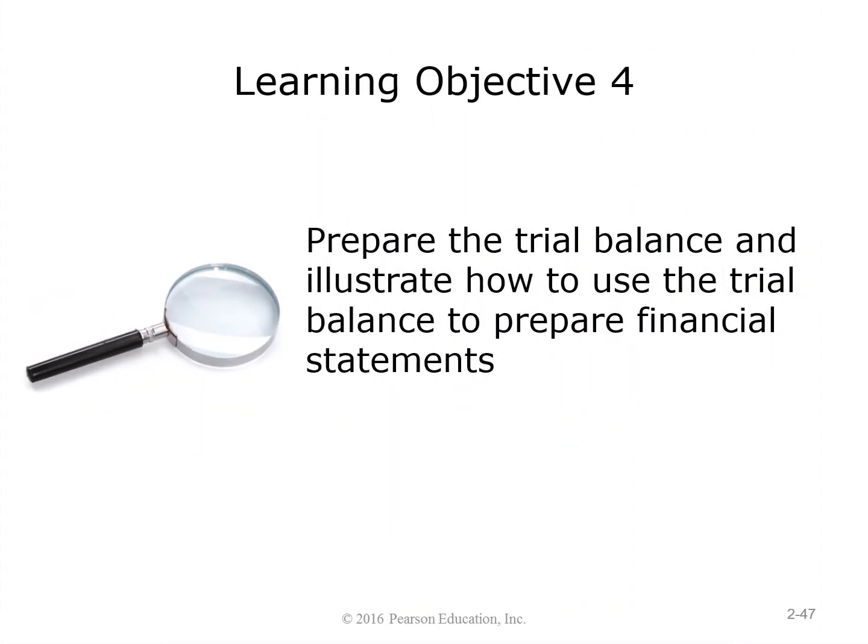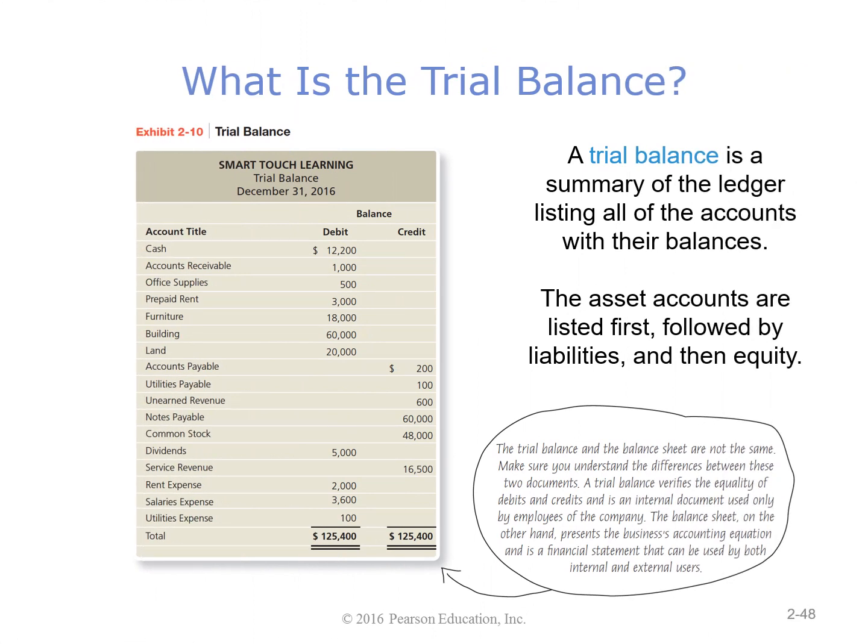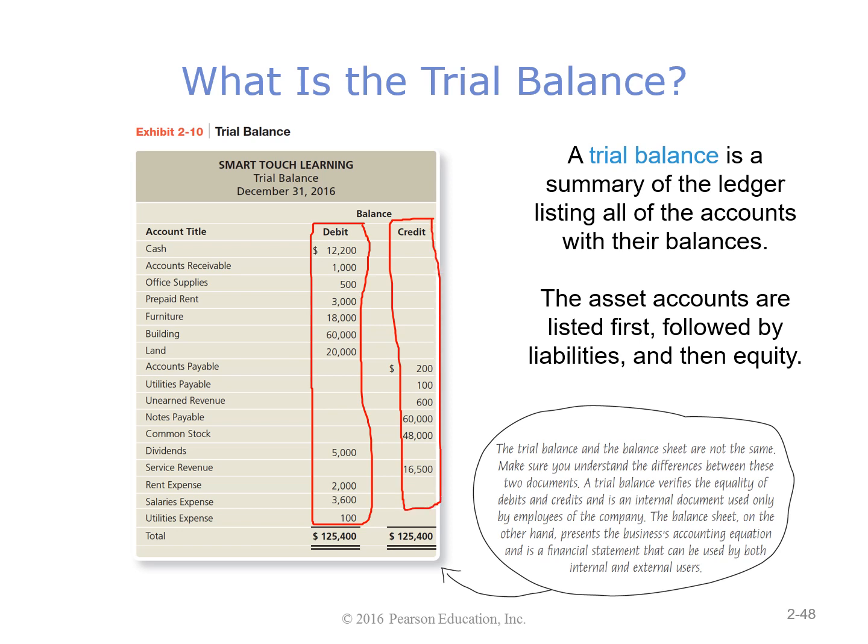Prepare trial balance. This is what I was talking about. The trial balance will include all the final balances of all the accounts in the debit side and all the final balances of the credit side. If you can see here, this is assets, right? This is dividend, as we said before, and this is expense.